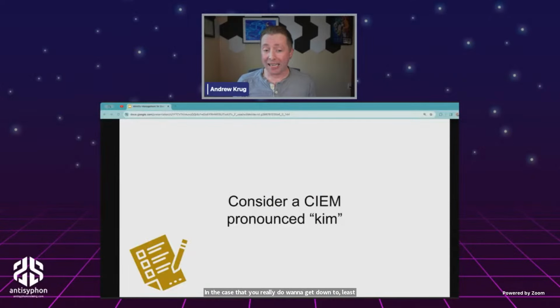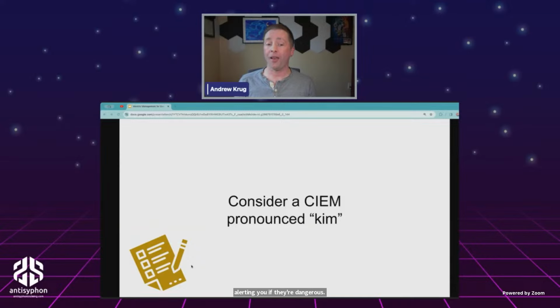So this is, again, one of the spaces where a CIEM, as Gartner is calling it now. Yeah, I know that's pronounced Kim, because they couldn't pronounce it SIM because there's already a SIM. It stands for Cloud Infrastructure Entitlement Management, or Cloud Information Entitlement Management. Basically, this is just the category now for the detection engines that go through and evaluate the resultant set of all these policies and alert you if they're dangerous.